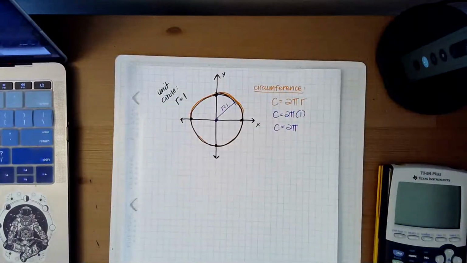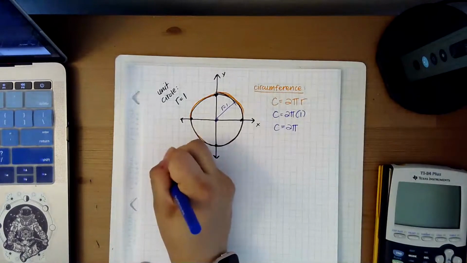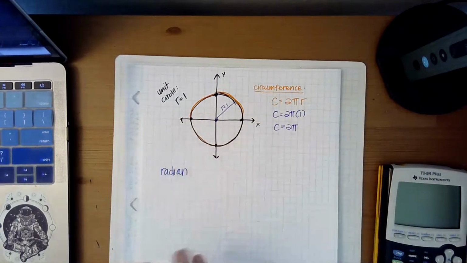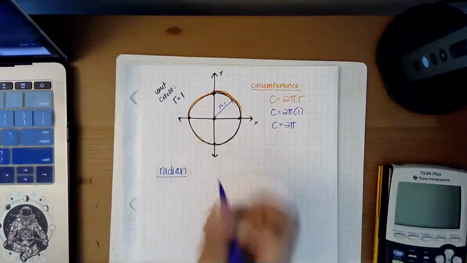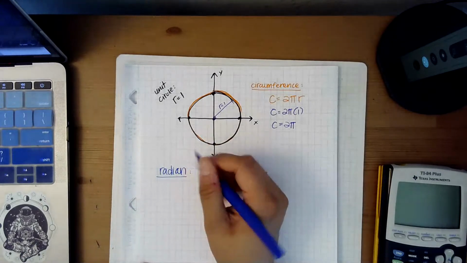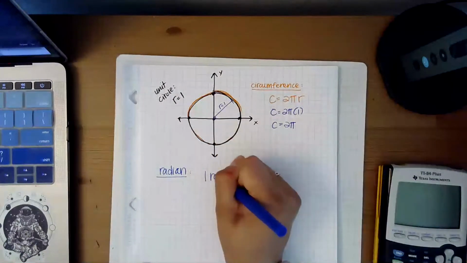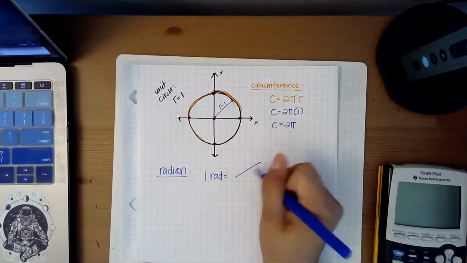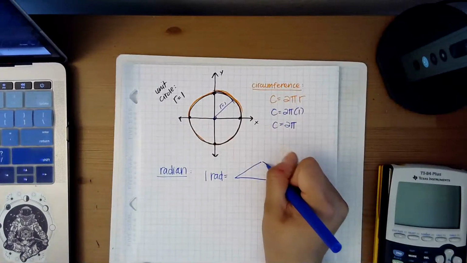Okay? Now let's talk about why I'm bringing all these prior concepts into it. Because a radian is a unit of measure for angles, okay? And 1 radian is equivalent to the arc length here.